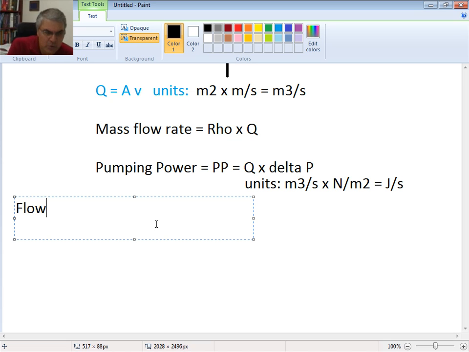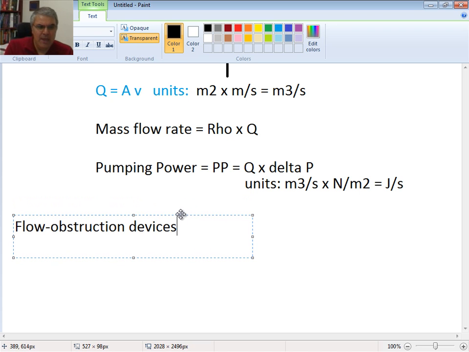So flow obstruction devices come in different forms and shapes. These are different types.